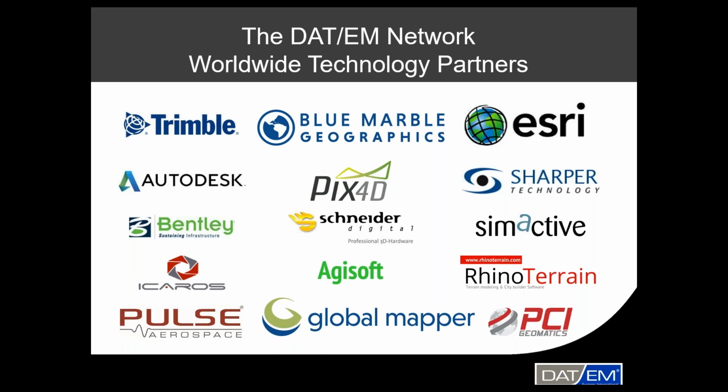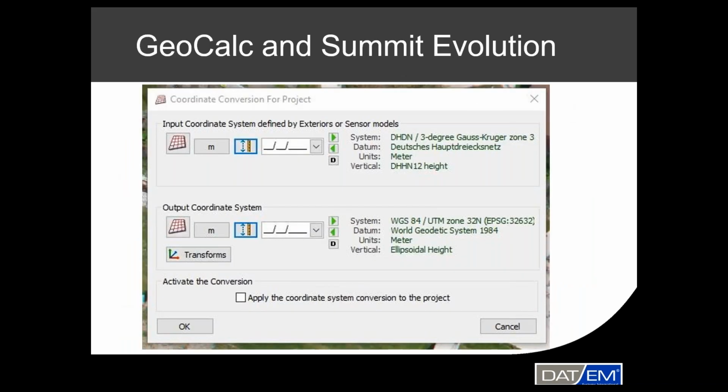A case in point in that today is Blue Marble Geographics. We depend heavily on Blue Marble for the Geographic Calculator, and we love this tool, and so do our clients. This is a tool within Blue Marble that allows us to set and change and transform our coordinate systems being used for the current mapping project.